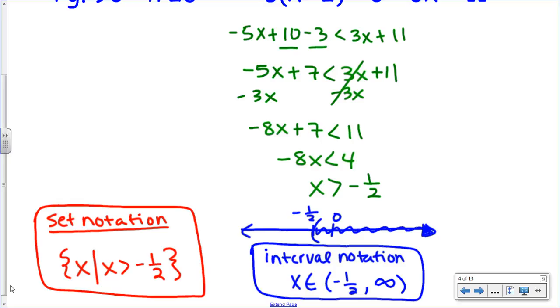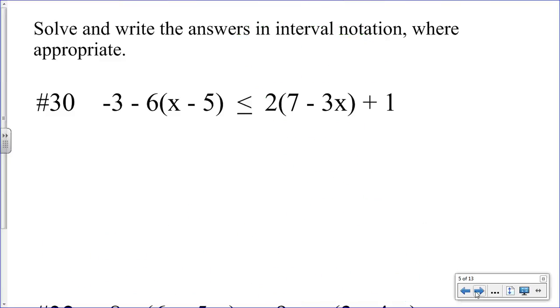Okay, this is not the answer. Either using interval notation or set notation is a final answer. This is how you would describe your solution. Questions about that? Okay, let's go through a couple more.